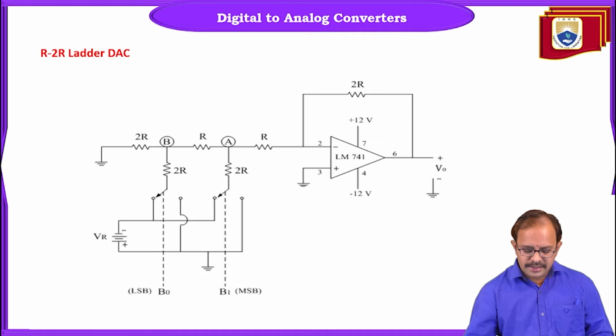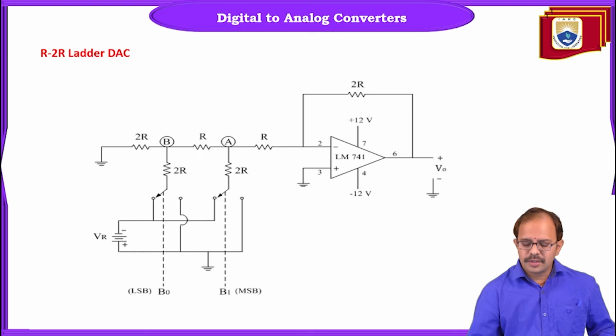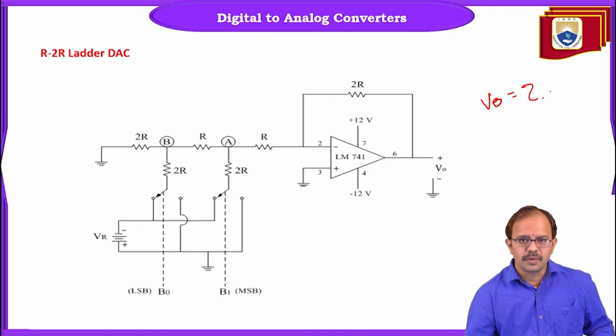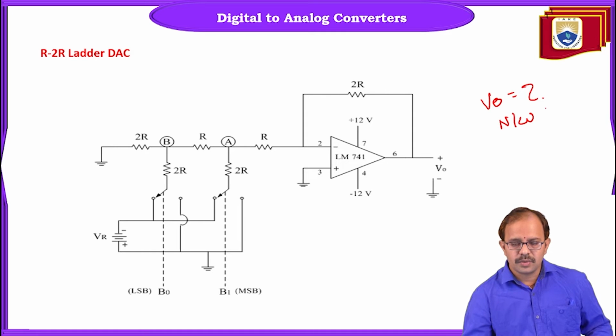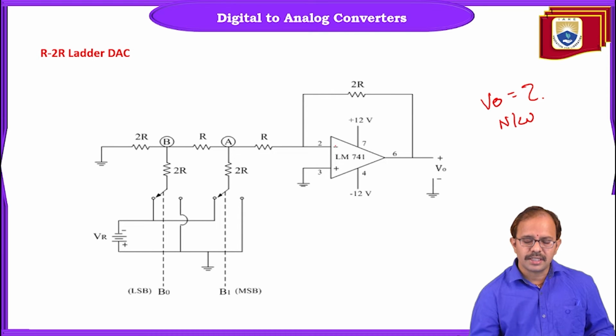Now let us analyze this circuit. Analysis means we need to derive the expression for output voltage V0. What is the expression for output voltage? As we said, this output voltage depends on the values of the resistors present in the network, which is connected to the inverting terminal.